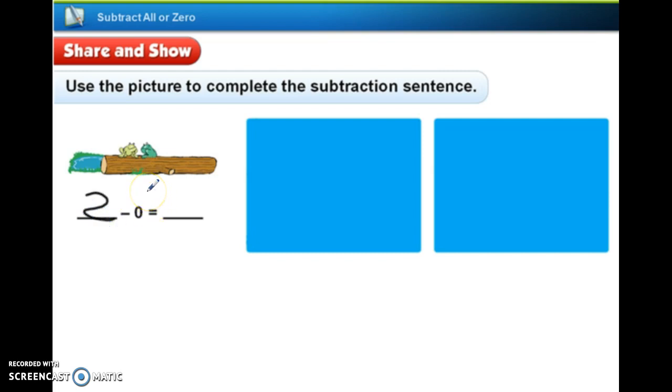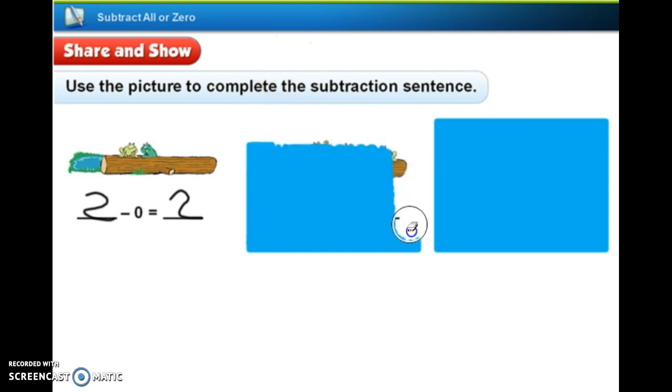How many frogs are jumping off the log? 0. How many frogs are left on the log? 1, 2. 2. So 2 minus 0 equals 2. Let's do another one.